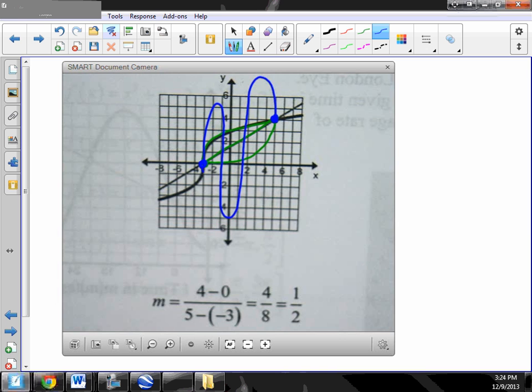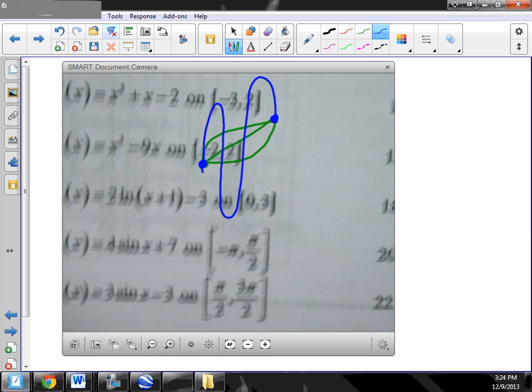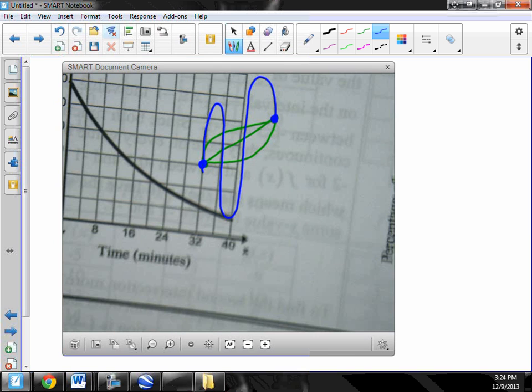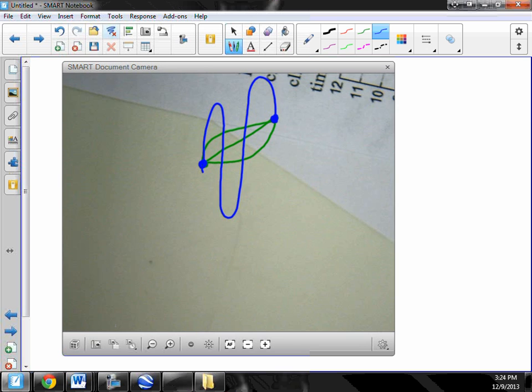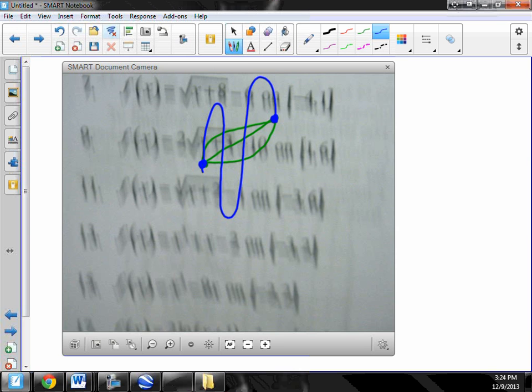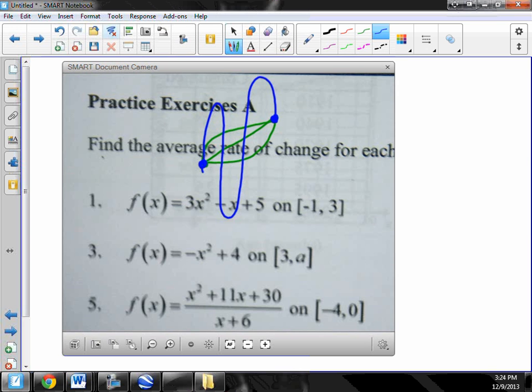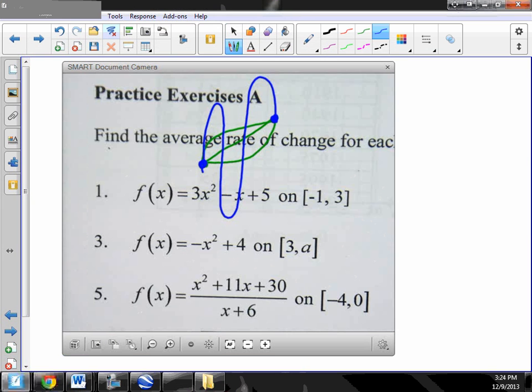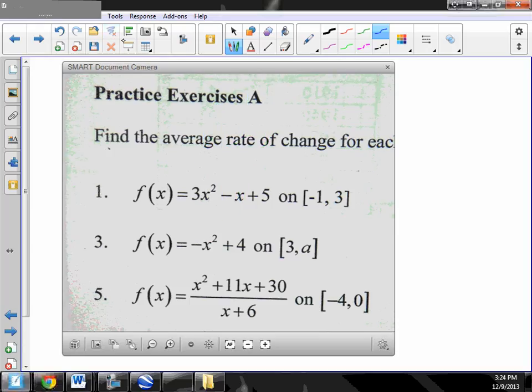So your assignment today is on page 111. Let's look at number 1. I want the average rate of change on the interval -1 to 3.